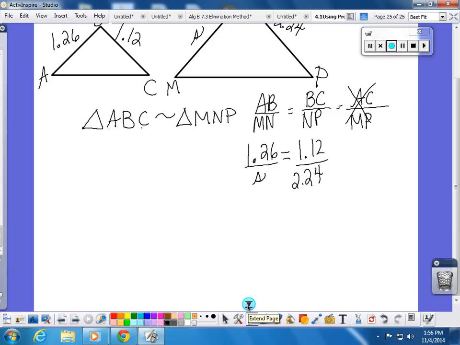What do you get if you cross multiply? Can somebody tell me what 1.26 times 2.24 would give us? 58.24. Does anybody agree? Anybody else multiply them out? I don't think that'd be right.